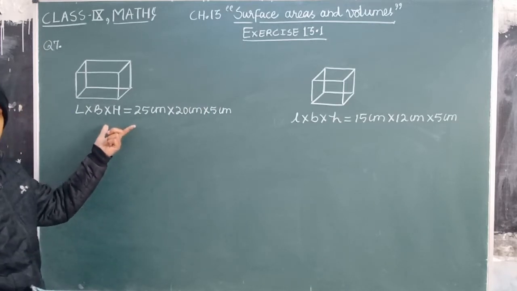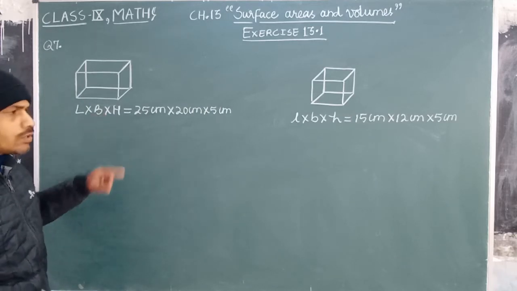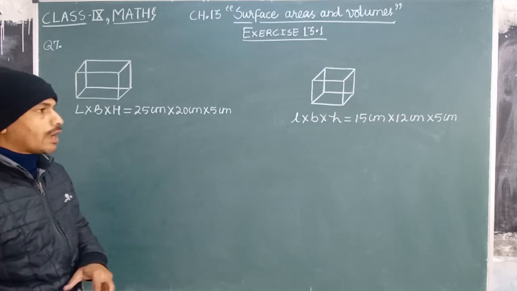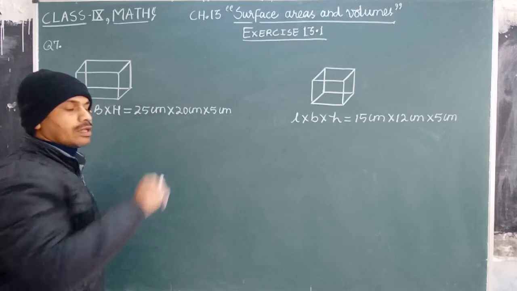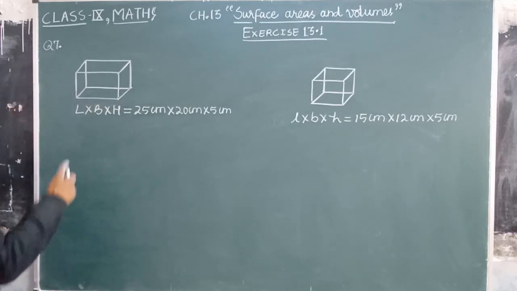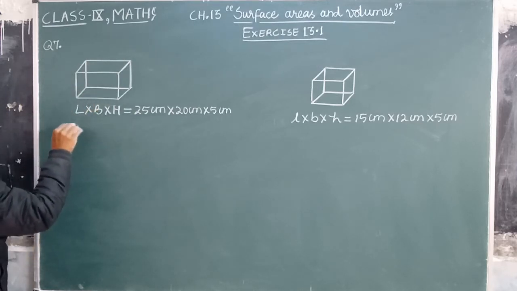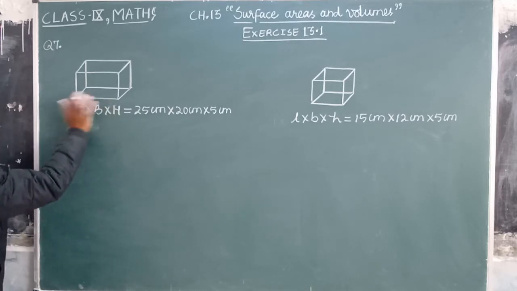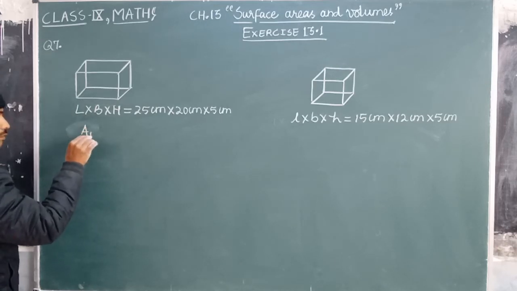Here we have to check their total surface area, and after getting their total surface area, in order to get the cardboard required extra, we have to check 5% of the total surface area of each. So let's start with this bigger box. Let TSA of this bigger box be A1.